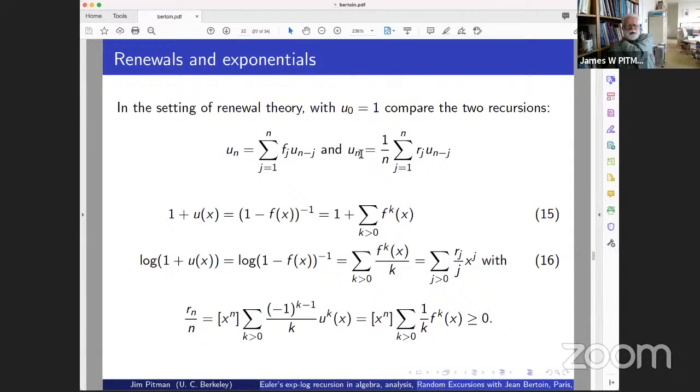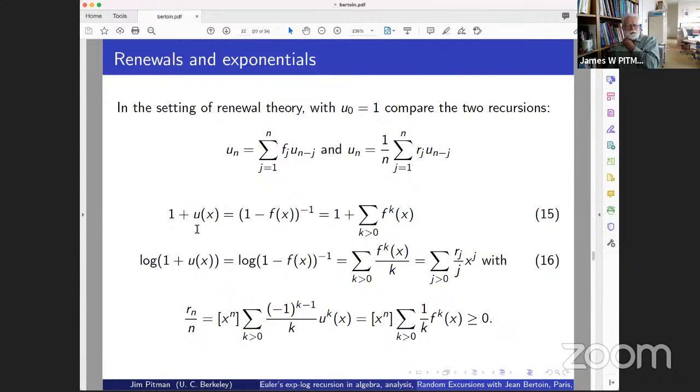And just compare that with the Eulerian style recursion, which looks almost the same, except instead of summing, you're averaging. And of course, you have a different right-hand side. You can think of the u_n as driving the f's, or here the u_n are driving the r's. Both of these recursions are invertible. I think it's very instructive to compare and contrast them.